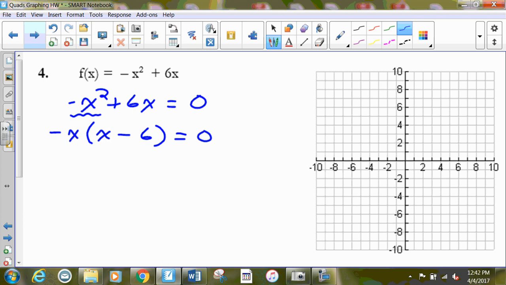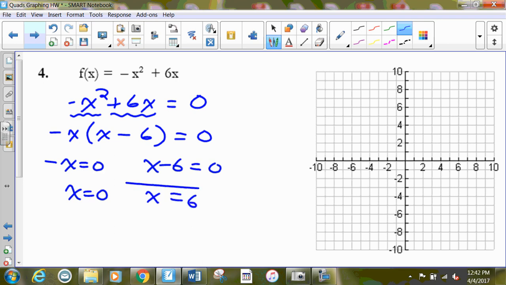Negative x times negative 6, I get back to the 6x. So factoring, once again, is undistributing. Then I would have something times something equals 0, so I'd set both of them equal to 0. So either x is 0 or x is equal to 6. Those are my two x-intercepts.